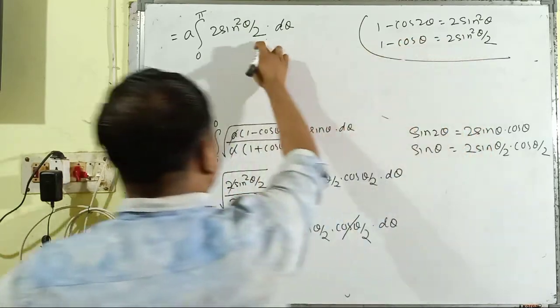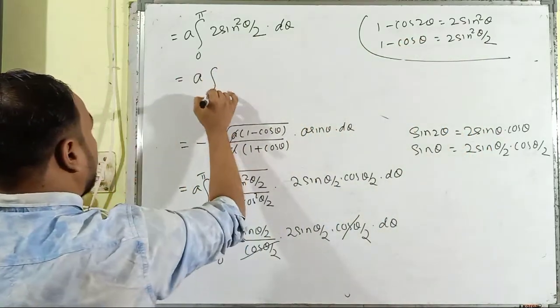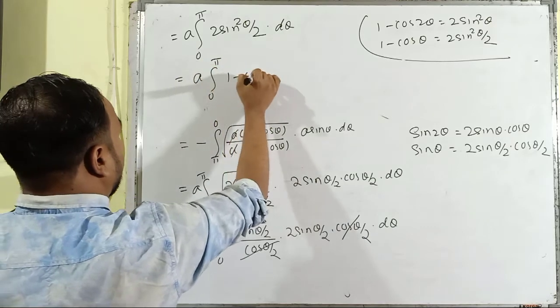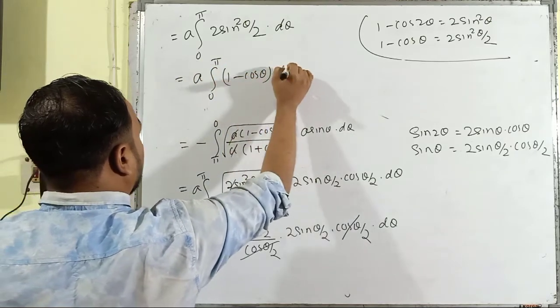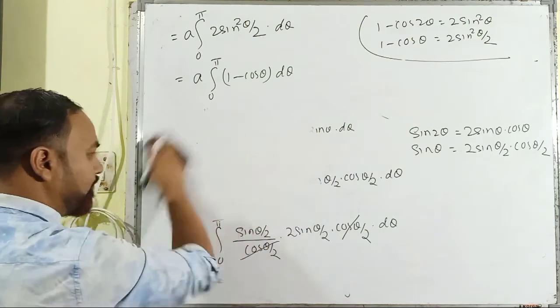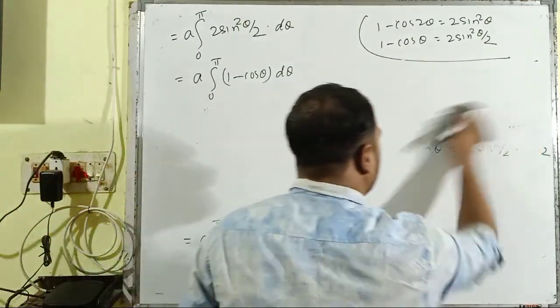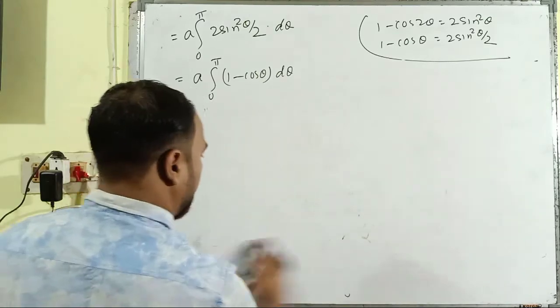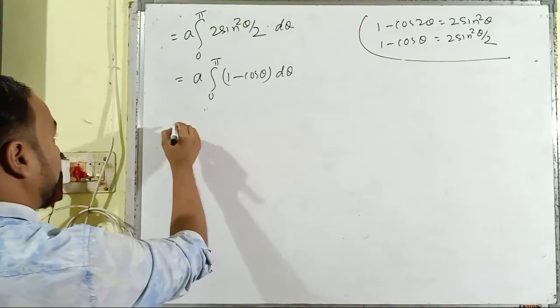And by using this formula here, 1 minus cos theta d theta, then we just have to integrate the integrand here, then we have our answer.